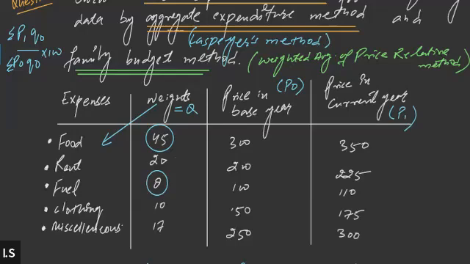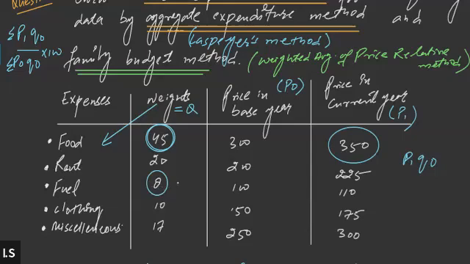Yes, sir. Okay. Now, because we need to find the index number by Laspeyres method, firstly you will find P1 Q0. For P1 Q0 you will multiply the price of the current year with the weights of the food items: 350 into 45, then 225 into 20, then 110 into 8.